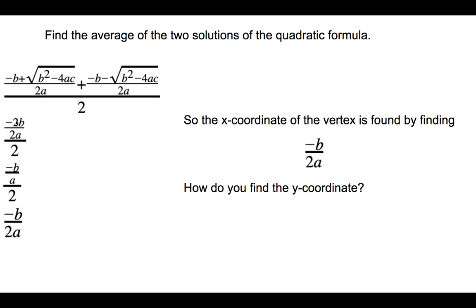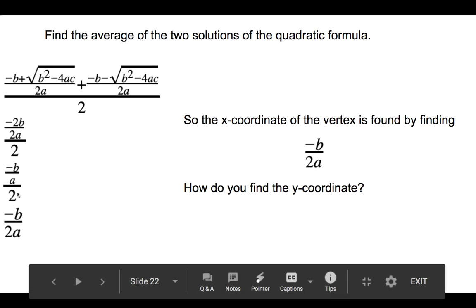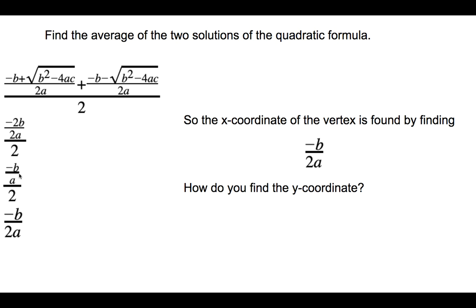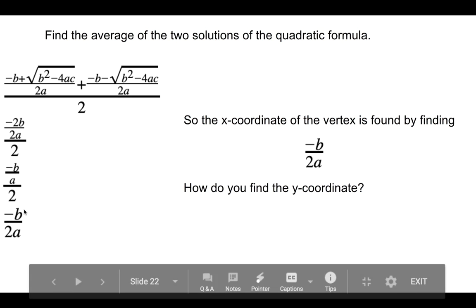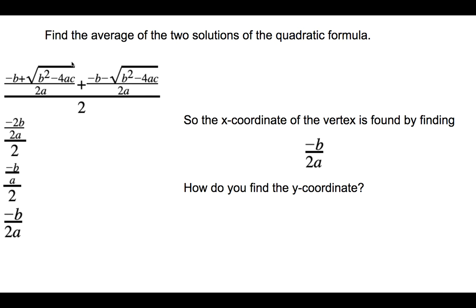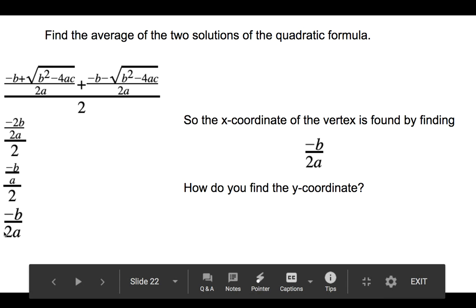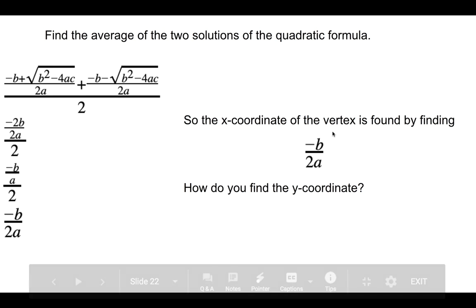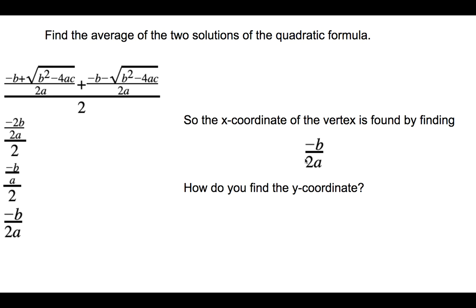Negative 2 over 2 is actually the same thing as negative 1 over 1, so we cross out those 2's and we get negative b over a, still divided by 2, but if we're going to take negative b over a and divide it by 2, we're actually dividing it by 2a. All right, so we actually get negative b over 2a. So the average of these 2 roots, in other words, the x-coordinate of the vertex, is going to be negative b over 2a. So the x-coordinate of the vertex is found simply by using negative b over 2a.